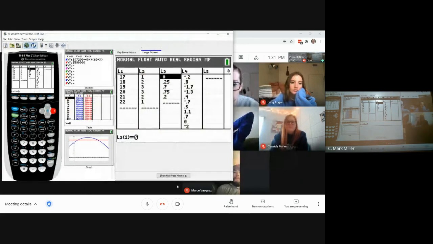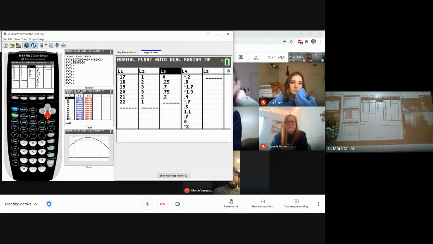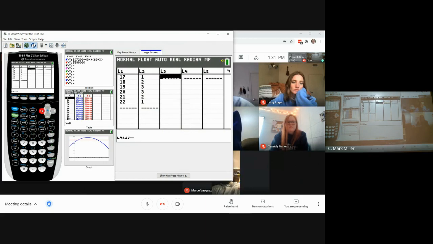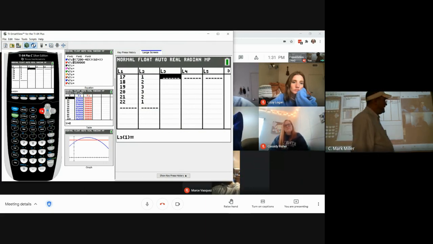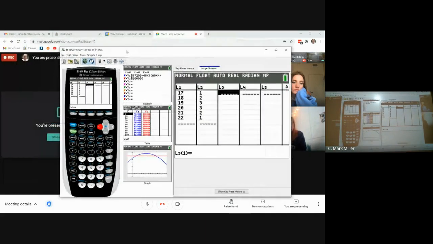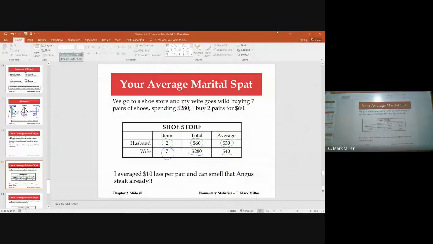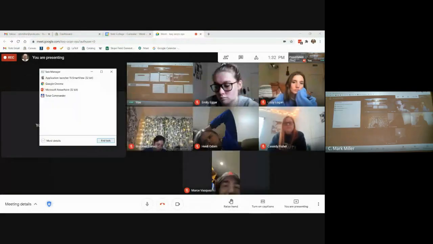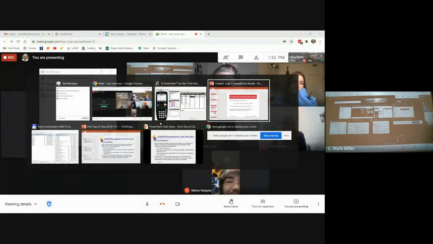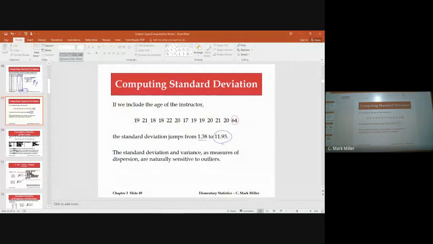Now, let's try this for the third time. Go up to the top, hit clear down. Up to the top, clear down. All right. So L3 and L4. I need to get these data here.